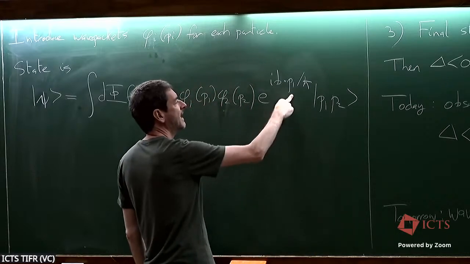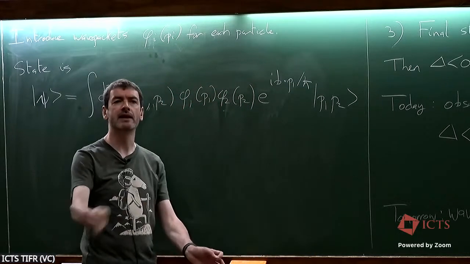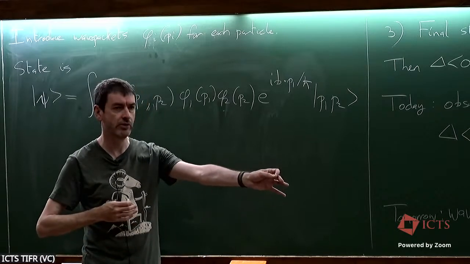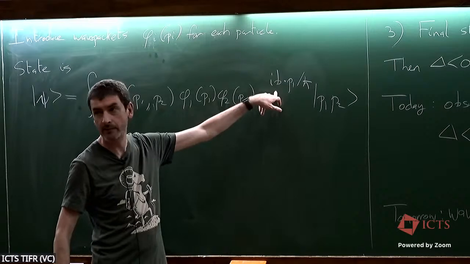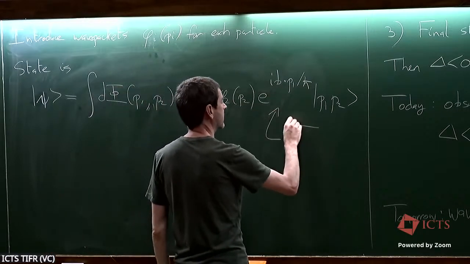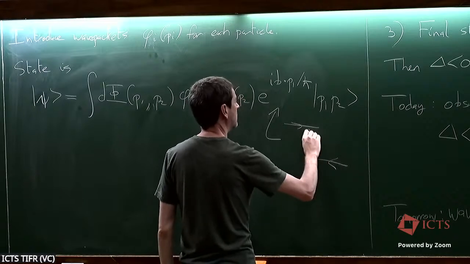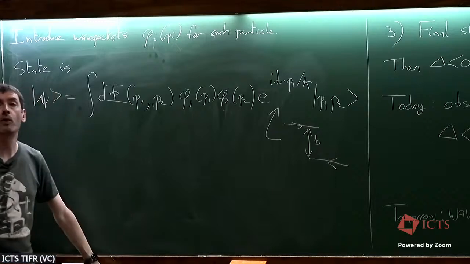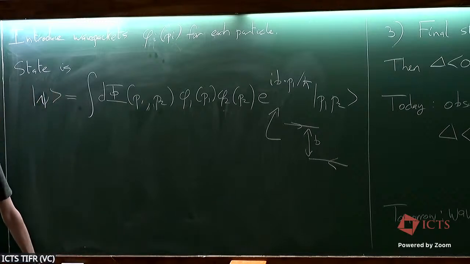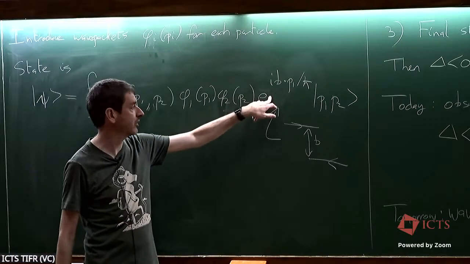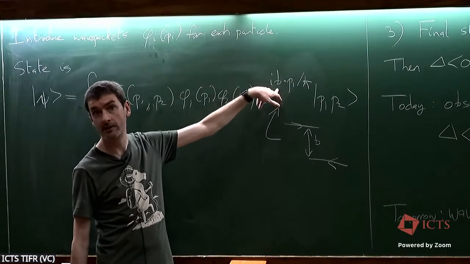So this exponential here is the thing that takes care of the translation of particle 1 with respect to particle 2, and it introduces this impact parameter, b. I'm exploiting the fact here that the momentum is the generator of spatial translations. Exponentiating that generator gives you a finite translation, and the parameter of the translation is the impact parameter.